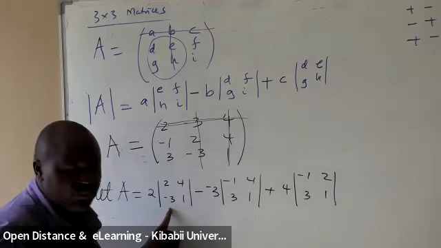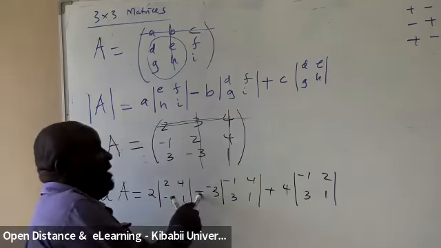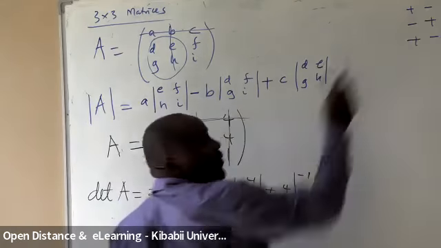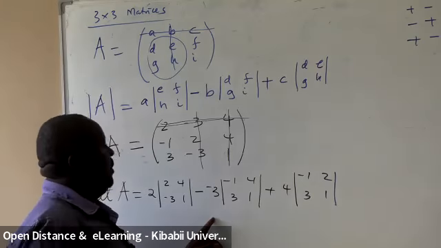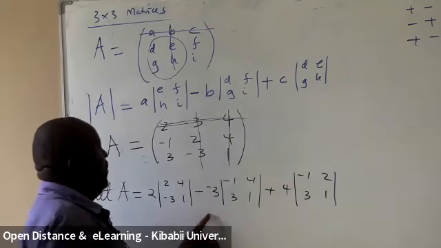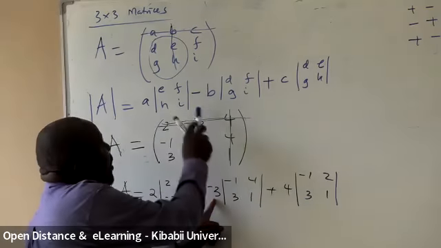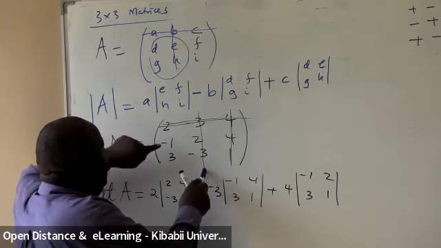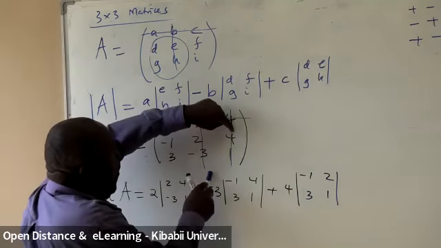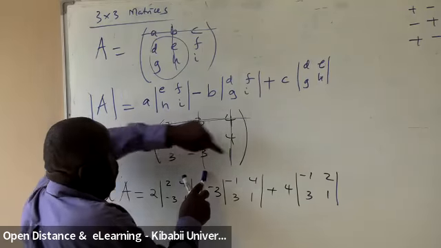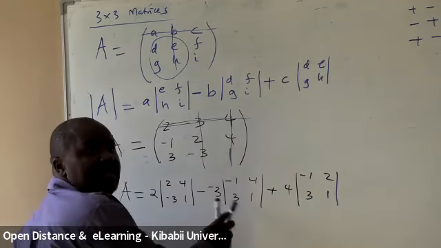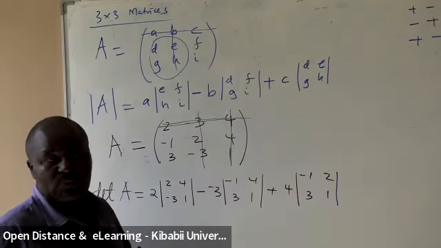Then reduce 2 by 2. Minus, because we are following the sequence of signs for row 1. For row 2, the common term is -3. So if I omit row 2, column 2, I'll be left with -1, 4, 3, 1. That's what I have. I'll reduce 2 by 2.